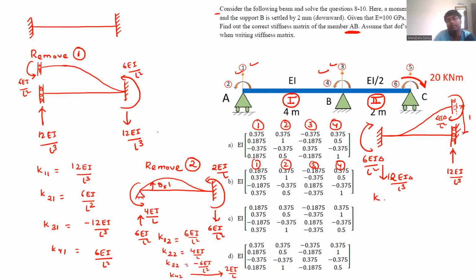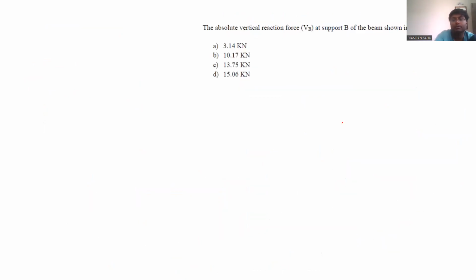Now K13 will be how much? Minus 6 EI upon L square. K23 will be how much? K33 will be 12 EI by L cube. K43 will be how much? Minus 6 EI upon L square.